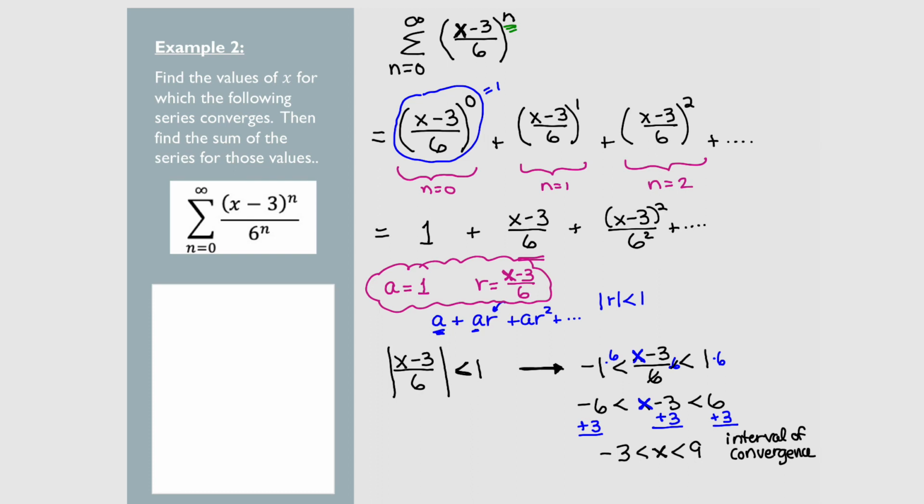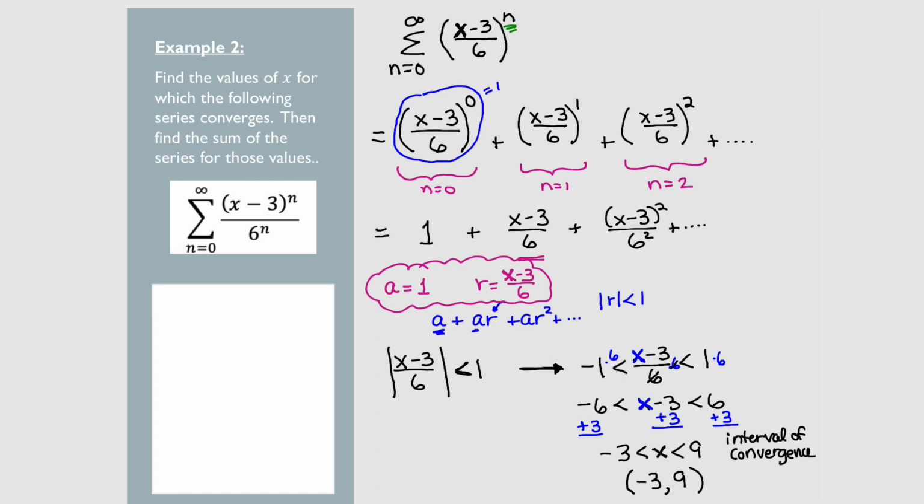So my interval of convergence is from negative 3 to 9, and your WebWork asks you to rewrite this specifically in interval notation. So you're going to want to write it as open bracket negative 3 to 9, open bracket again. So let me write down what I have so far.